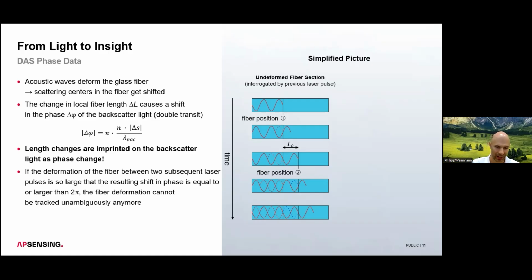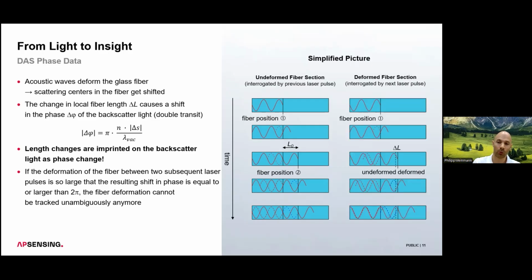Now, in the next step, we assume that a deformation has happened, and only after this deformation has happened, a second laser pulse arrives and interrogates the glass fiber again. So we are now considering the same fiber, which is now deformed. And the deformation is interrogated by the second laser pulse.